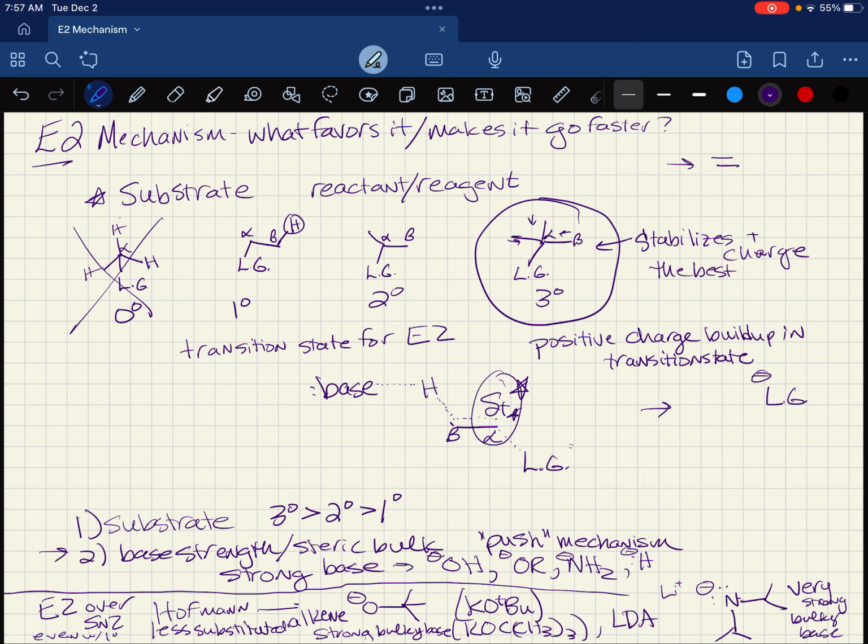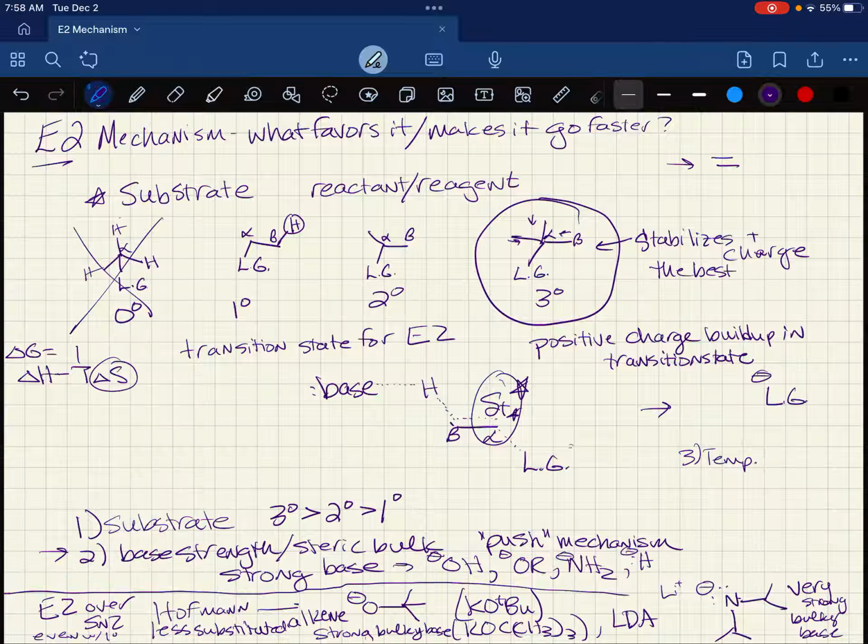All right, so that's substrate and base strength. The other factors, of course, are temperature. And we talked about this in another video, but basically, because of the Gibbs free energy equation, entropy is going to play a factor here.